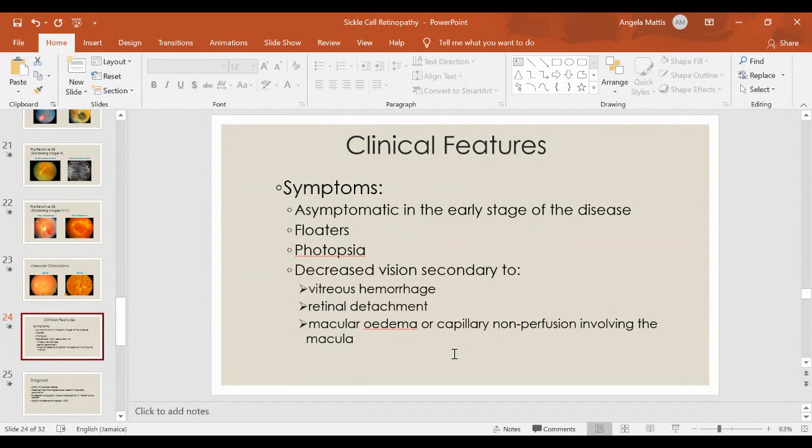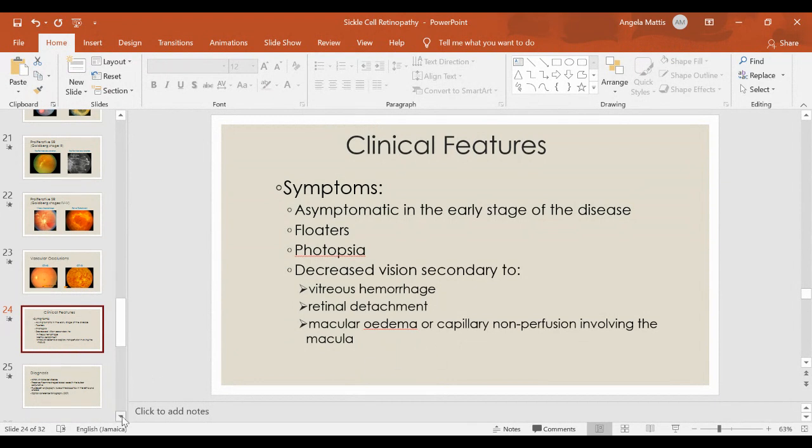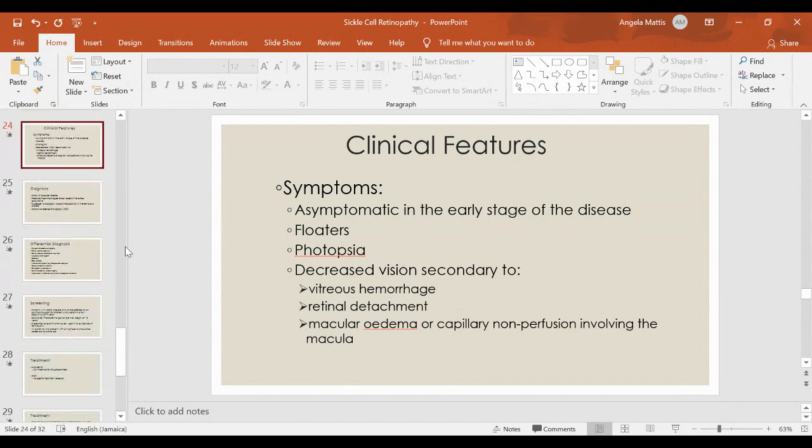All your photoreceptors are gone. So you can laser all around the periphery, but you want to leave your fovea intact. Patients who have macular edema, the rest of the retina may be perfectly normal in appearance, but their vision is significantly impaired when there's any insult at all to your macula.